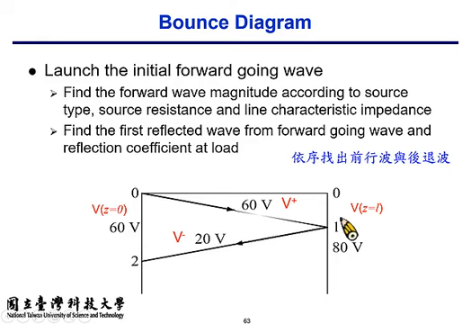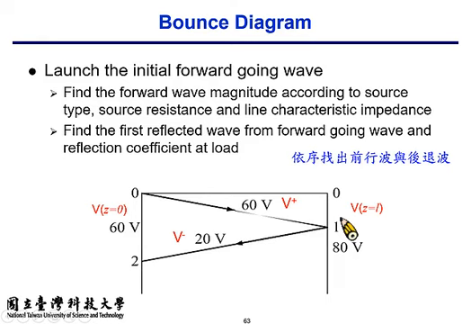And we would like to know what the V minus signal is. Using the reflection coefficient at the load, which is 1/3, what is the V minus signal? It's 20 volt, 60 times 1/3.